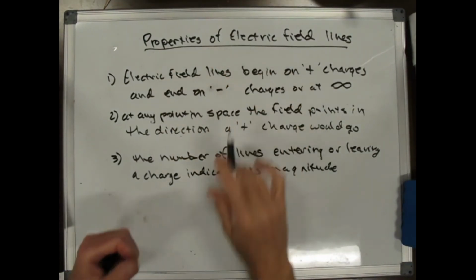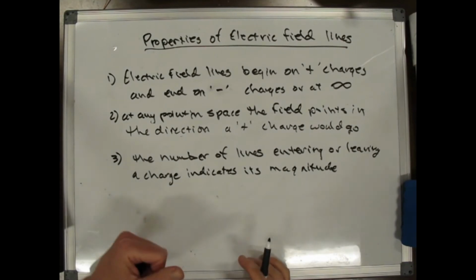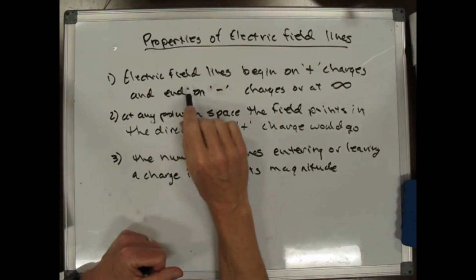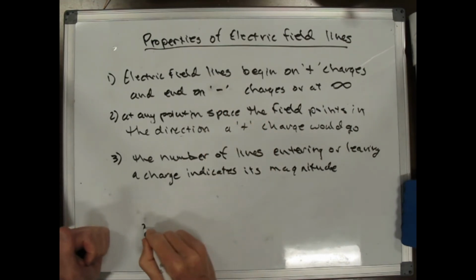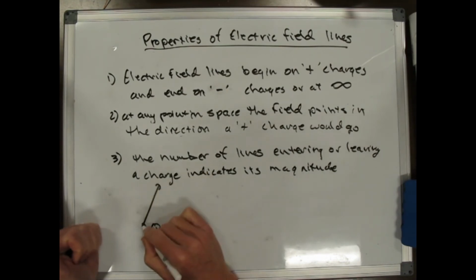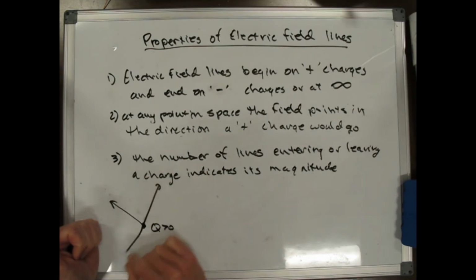So let's talk about properties of electric field lines for a minute. We've talked about the lines already a little bit. Electric field lines begin on positive charges and end on negative charges or at infinity. So if I just want to draw a positive charge, say Q greater than 0, I would just draw some outward lines this way.